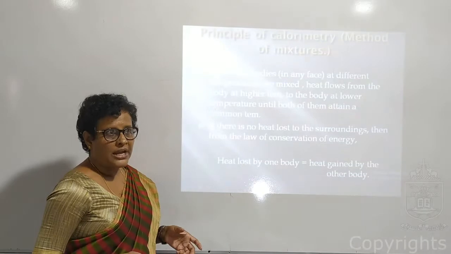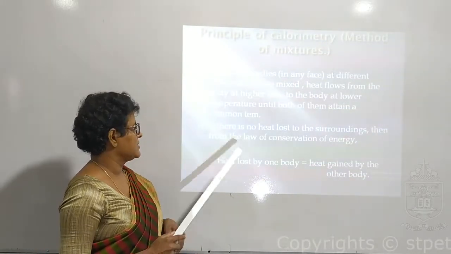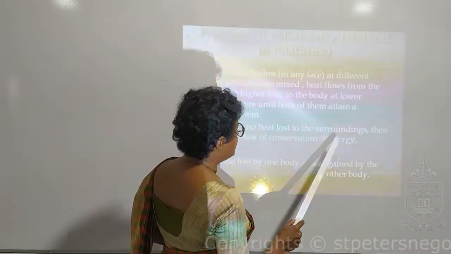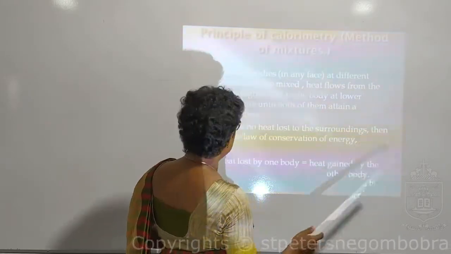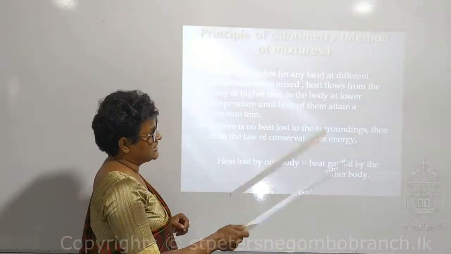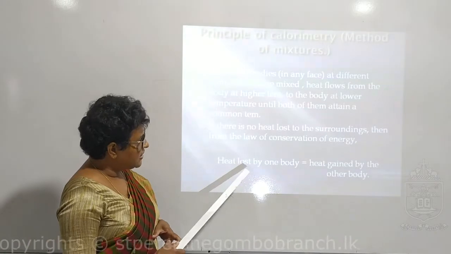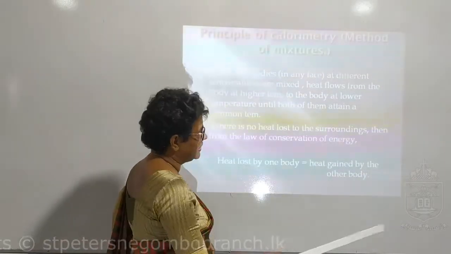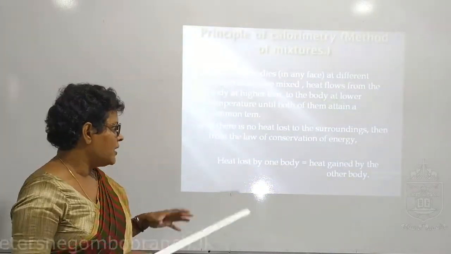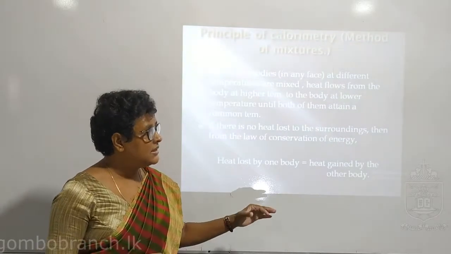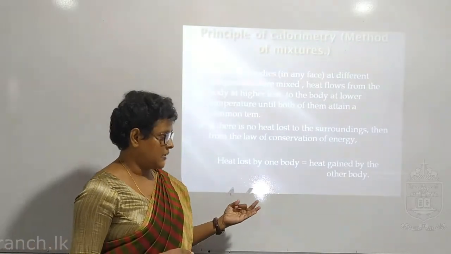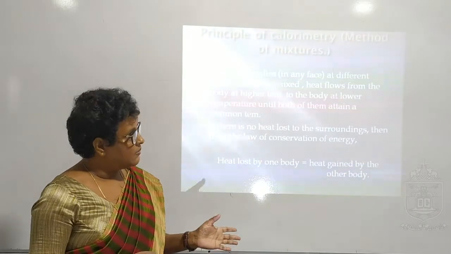We have to do that correction also when doing the practicals. If there is no heat loss to the surroundings, then from the law of conservation of energy, heat lost by one body is equal to heat gained by the other body. Now heat is equal to m c theta, where m is the mass, C is the specific heat capacity, and theta is the temperature difference.